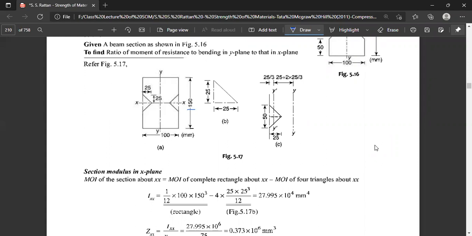So what will that be? This is the x plane going on. So we have to find out the bending moment of the section about this x plane. It will be the moment of inertia of the complete rectangle about xx. So this is the rectangle here. This is the moment of inertia of the total complete rectangle minus the moment of inertia of the four triangles about xx. Here is one triangle, another triangle is here, another here, another here.